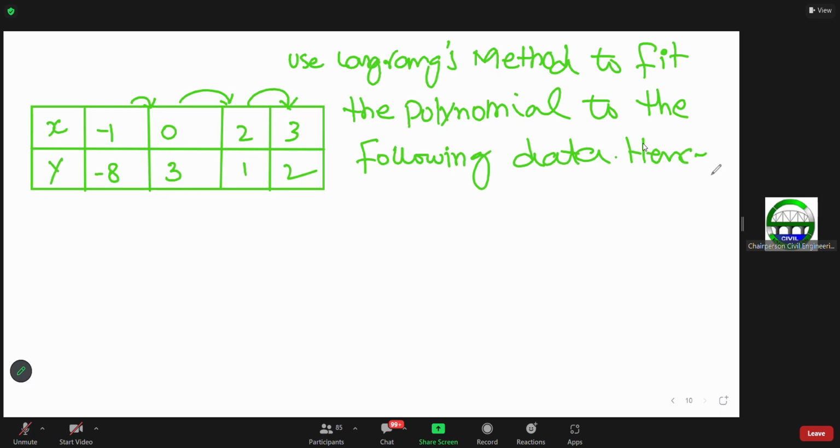Hence, find y of -2, y of 1, and y of 4.